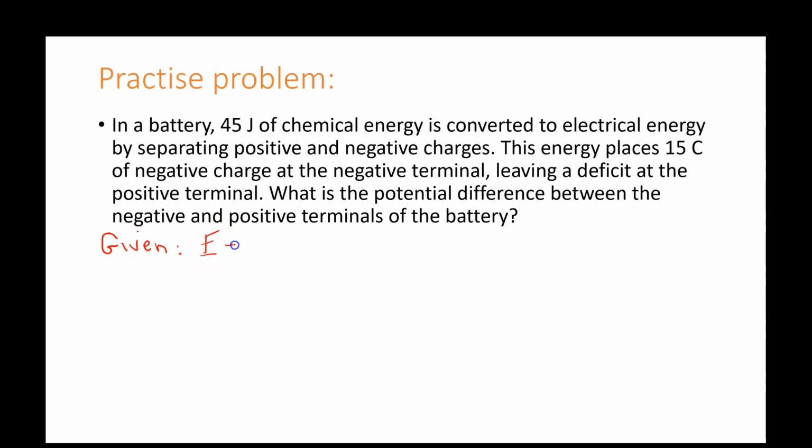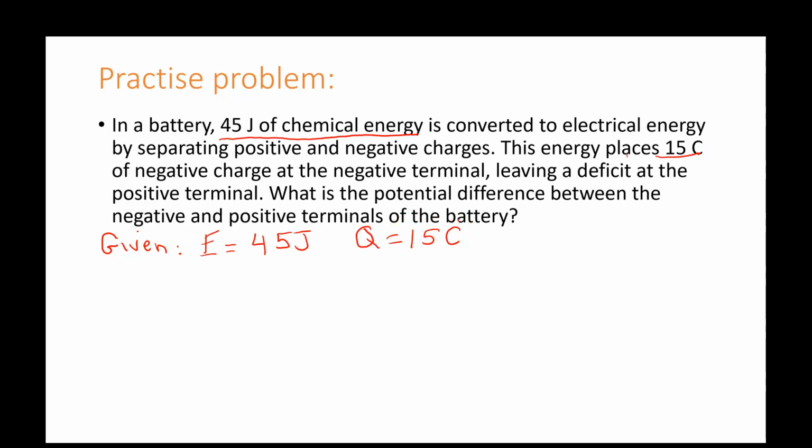So what we are given is what the energy is, which is right over here. We're told that there is 45 joules of chemical energy. So I would write, okay, we're given energy, and we're also given the charge, which is equal to 15 coulombs.